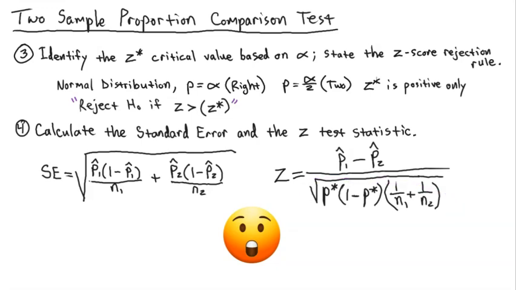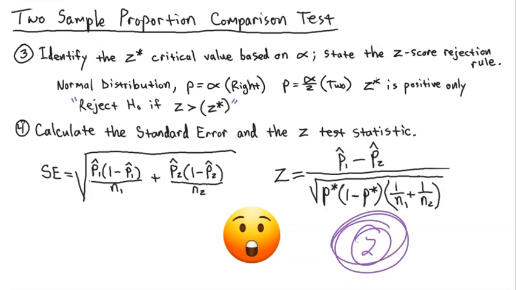But I have really good news for you, because this standard error and this Z are both easily determined in NumWorks if you just put in the initial information that you collected in step 2. So step 2 is really important.